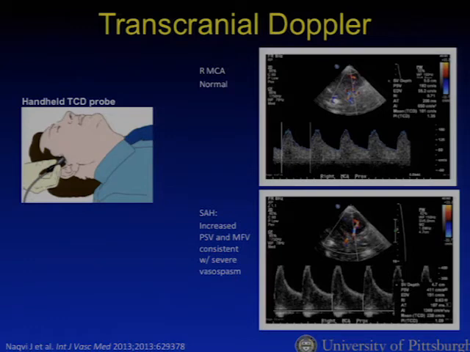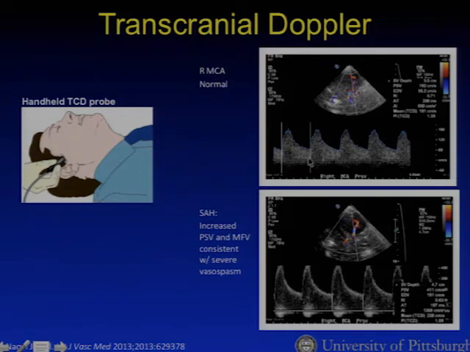Turning now to transcranial Doppler, this uses a handheld low-frequency probe around 2 megahertz frequency, which is also a potential test question, given that lower frequency ultrasound is advantageous for deeper tissue penetration at the expense of axial or spatial resolution.